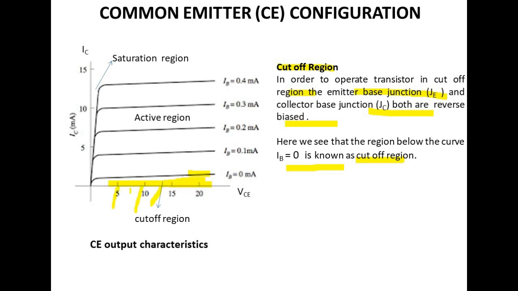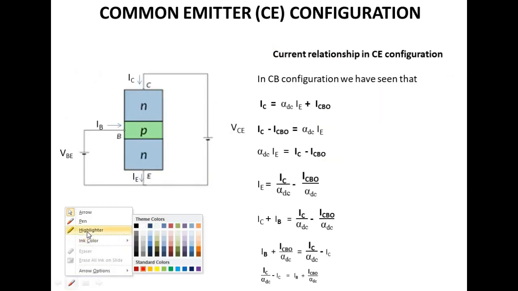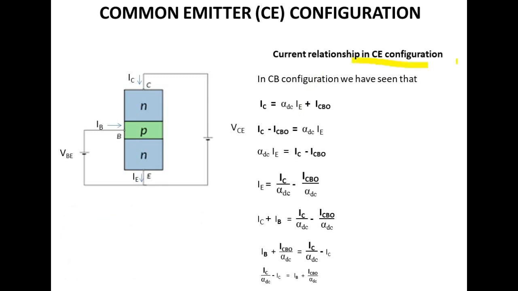In this region, the device is practically in off condition. Now we will study the current relationships in common emitter configuration. Here we see the emitter is common, so it is the common emitter configuration, and we know the input and output currents.